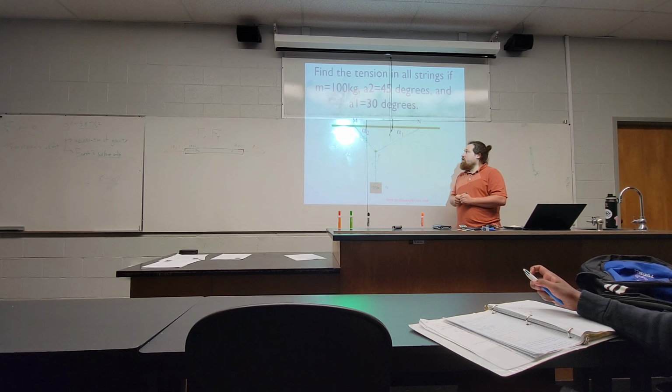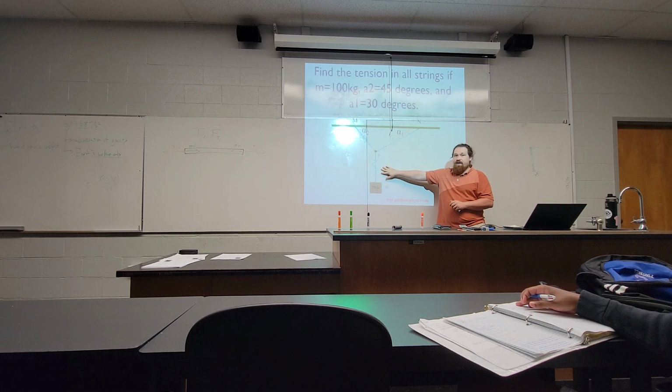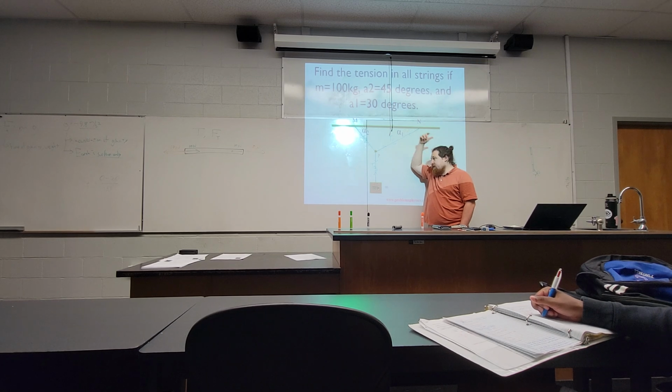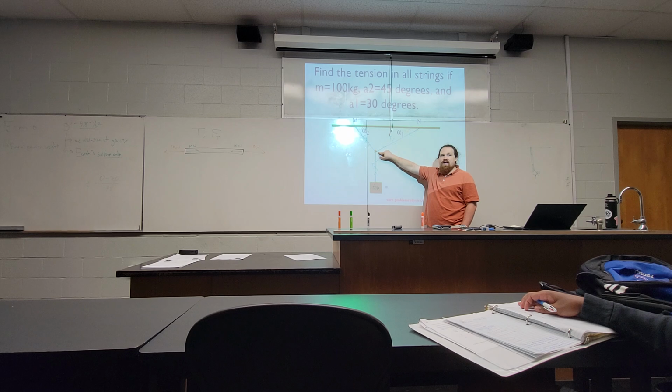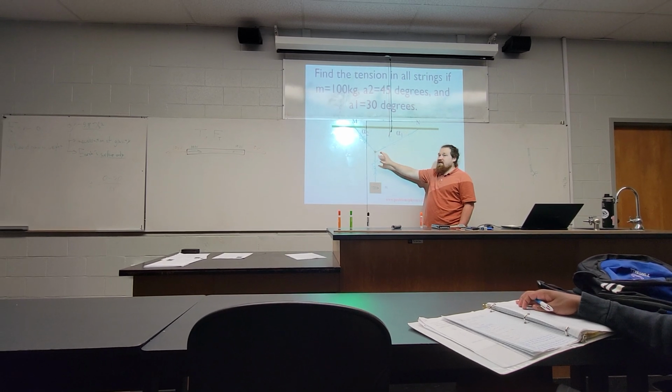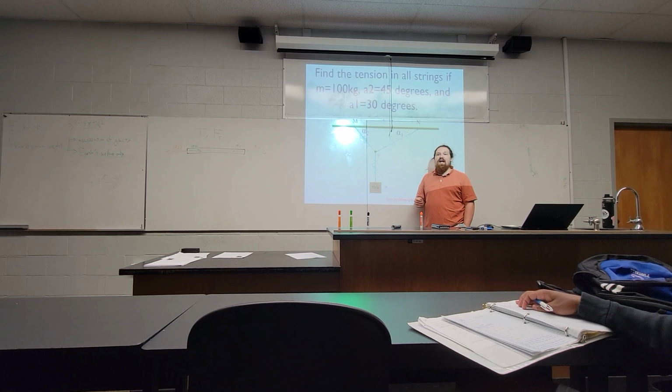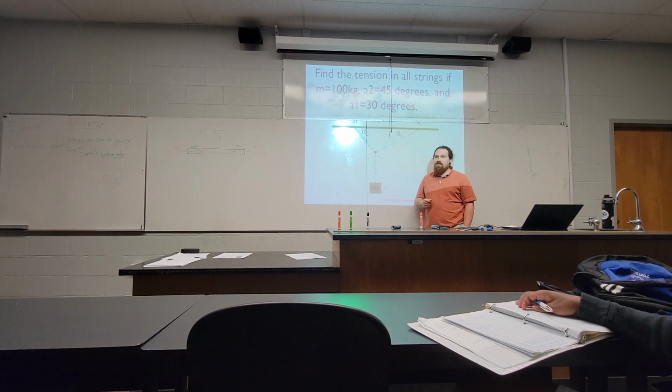So we have T1, T2, and T3 that we are after. And I'm going to recommend we start by going after T3. In tension situations like this, the usual strategy that I recommend is to begin by picking a knot, basically a point where the ropes converge, and examining how all the forces interact at those particular spots.